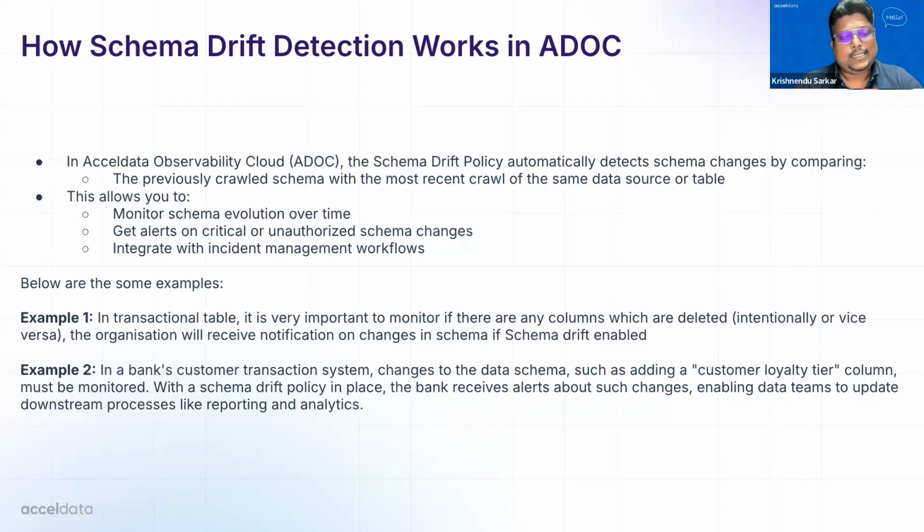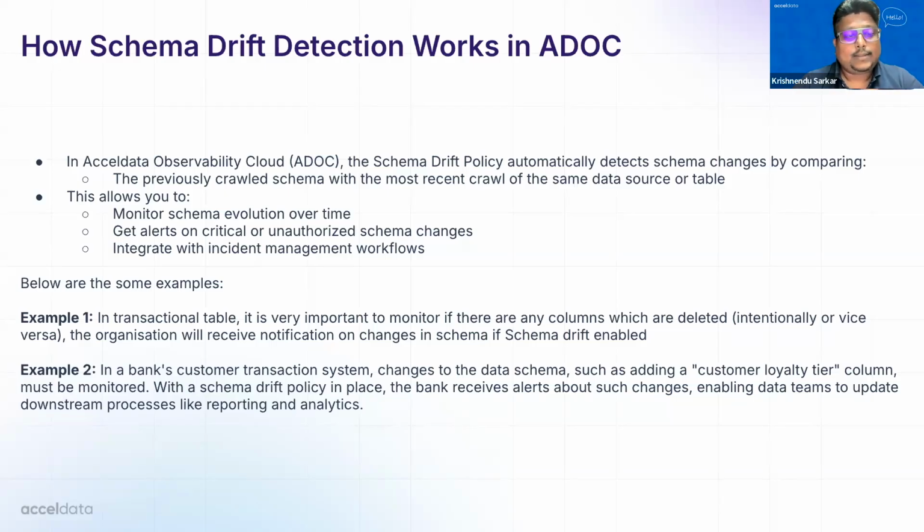Let's say in a transactional table, it is very important to monitor if any columns are deleted intentionally or vice versa, right? The organization will receive notification on changes in schema if schema drift is enabled, right?